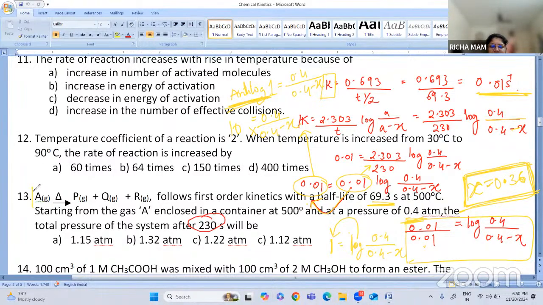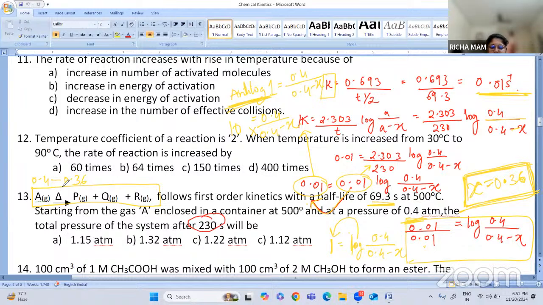Now for this reaction, A when you heat gives you P plus Q plus R. So initially, what is initial? Initial is 0.4. Final will be 0.4 minus 0.36.